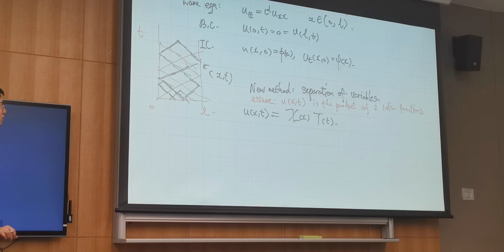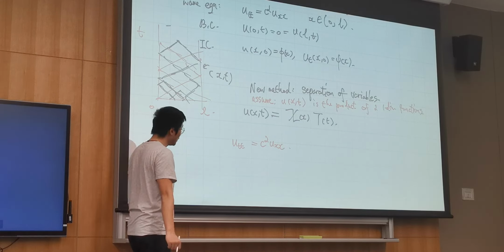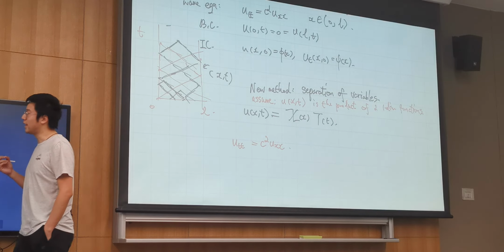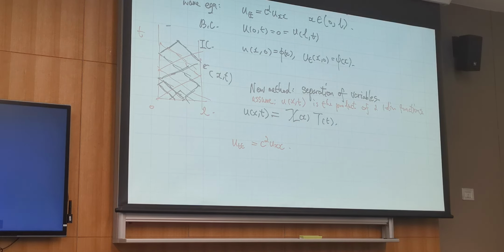So let's come back to look into the equation itself. Let me write the equation over here. It's u_tt equals c squared u_xx. Of course, my u is a function of both x and t.